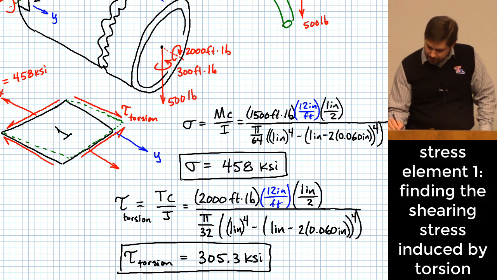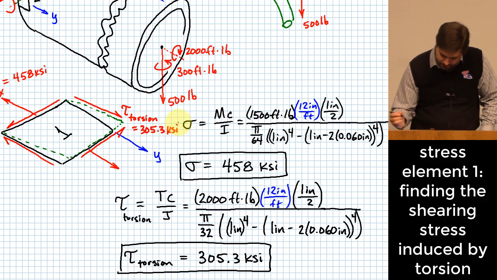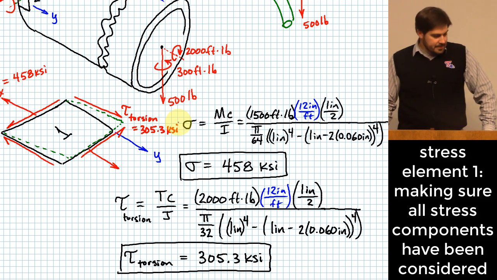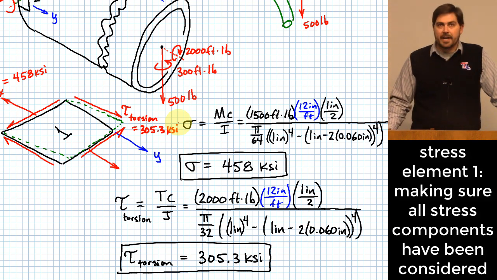Okay, and so I'll put that up here. All right, so those are some components of stress that this little patch of material would experience due to the loading that we identified at the beginning of this problem.